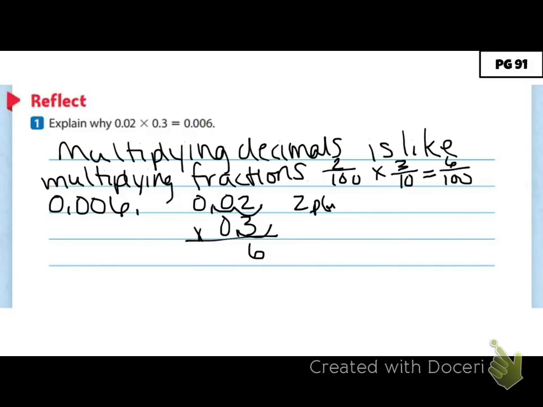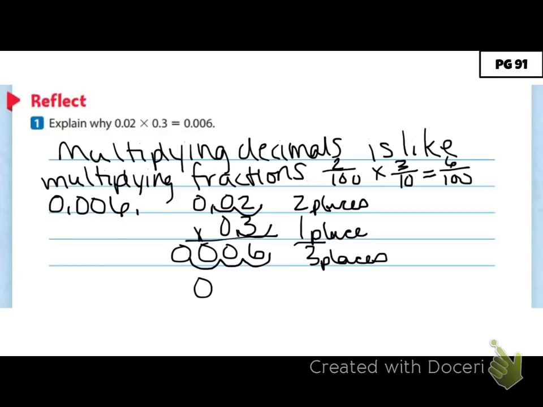So there's 2 places here, and 1 place here, which gives us a total of 3 places. So like I said, these are all zeros. I move it 3 places from the right to get an answer of 0.006, or 6 thousandths.